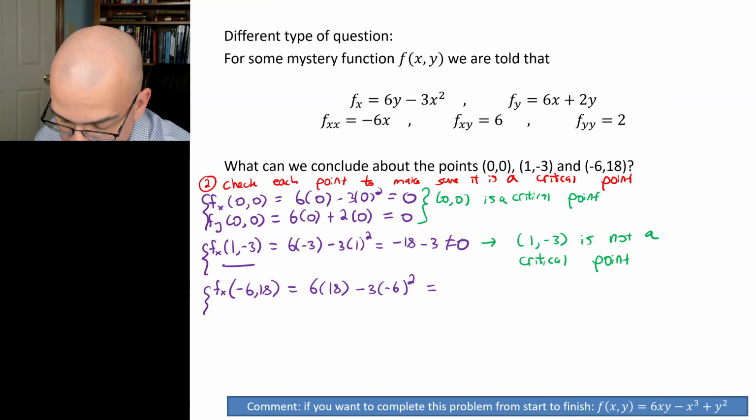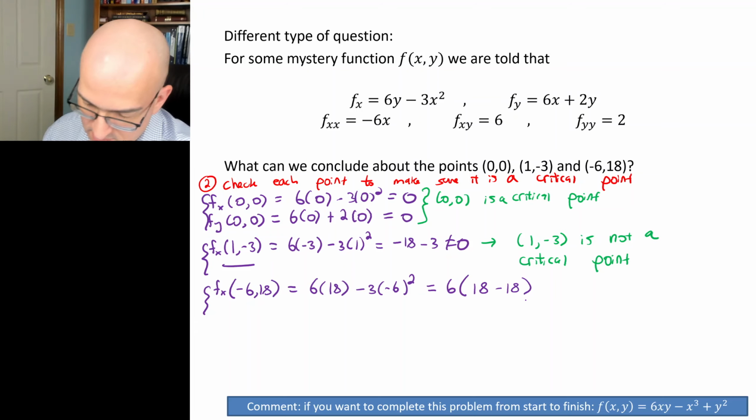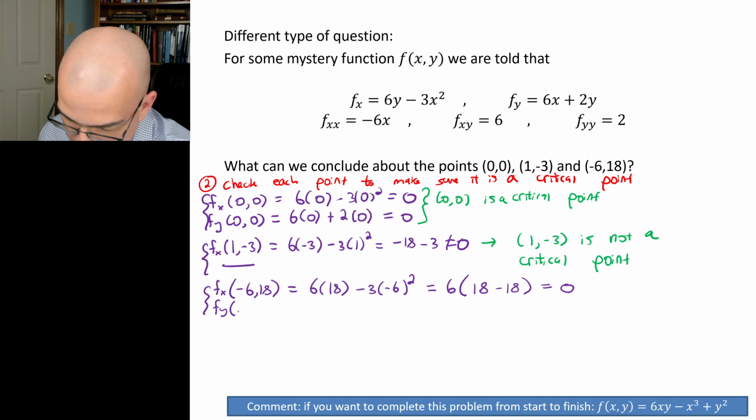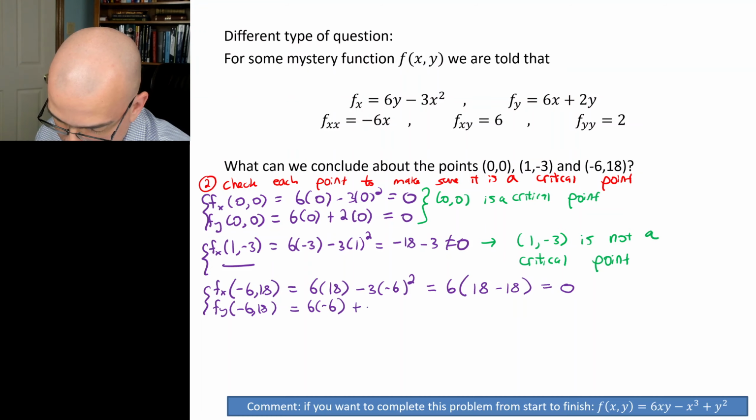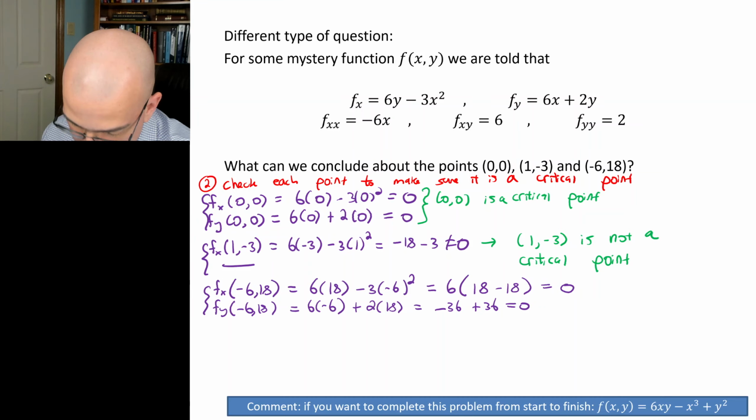I'm going to common factor out 6 from this. So I have 6 times 18 minus 18, which is 0. And then the next one, f sub y at negative 6 comma 18, that will be 6 times negative 6 plus 2 times the y value, 2 times 18. So I'll have negative 36 plus 36 is 0. So yep, that's a critical point.